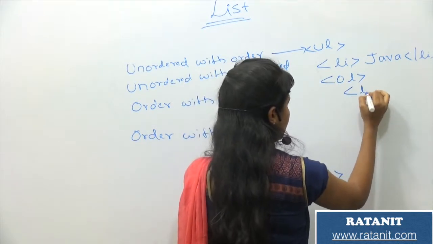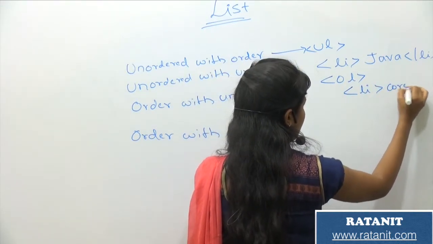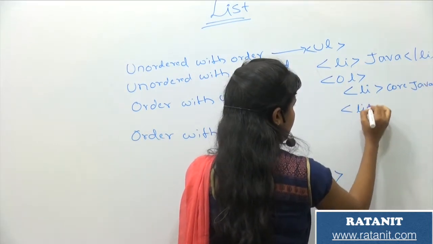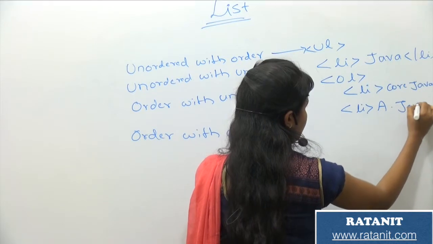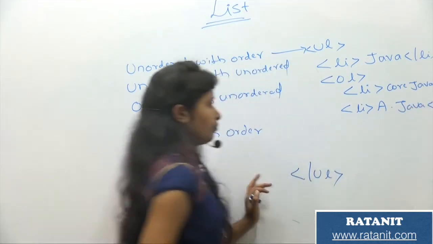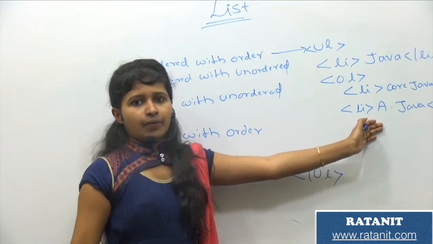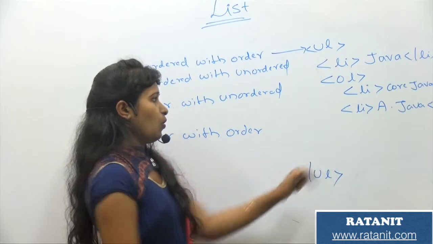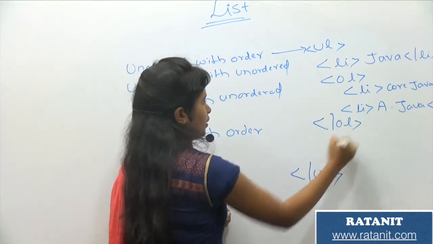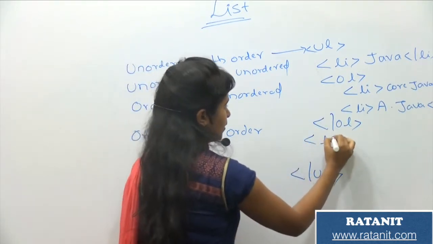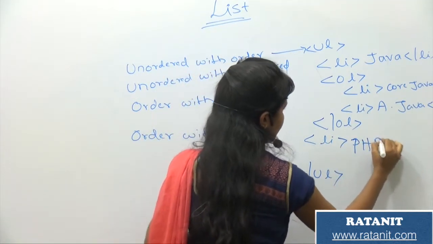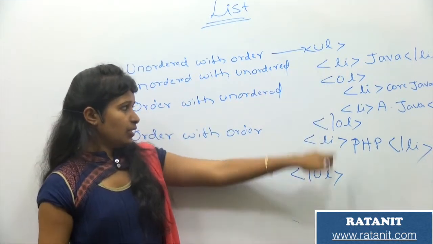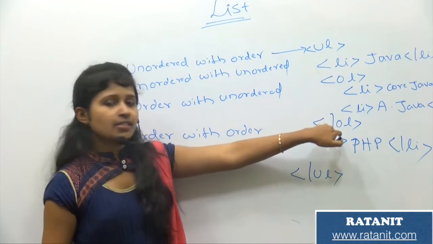In that ordered list, CoreJava, Adv.Java. Okay, this means an ordered list inside the unordered list. We need to close this. Again another list, here my unordered list inside ordered list is there.